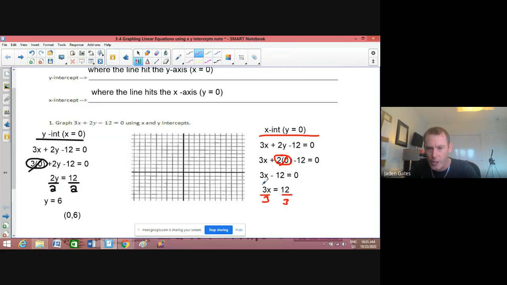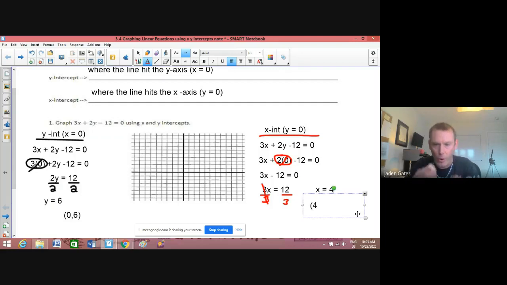So those 3's divide each other out. And so what we end up with is x is equal to, well, 12 divided by 3 is 4. And so our other point is 4 for our x value. And again, at your x-intercept, the y is always 0. And so now we have 2 points.